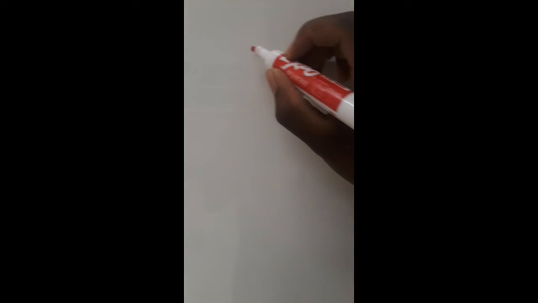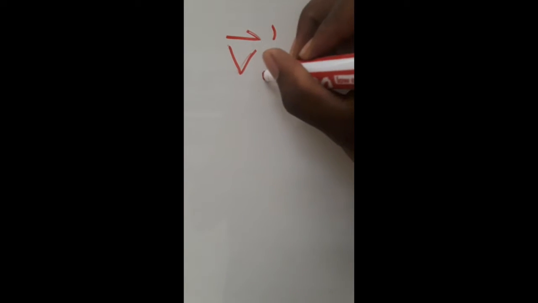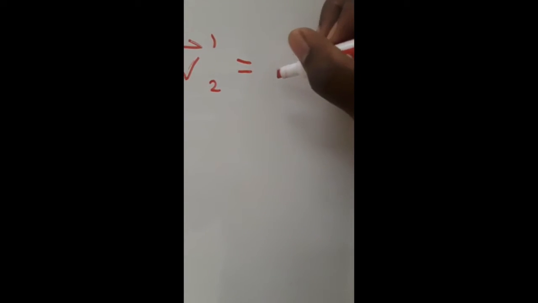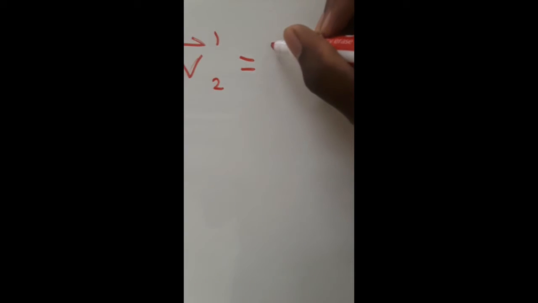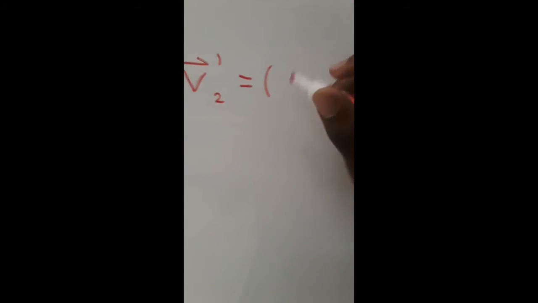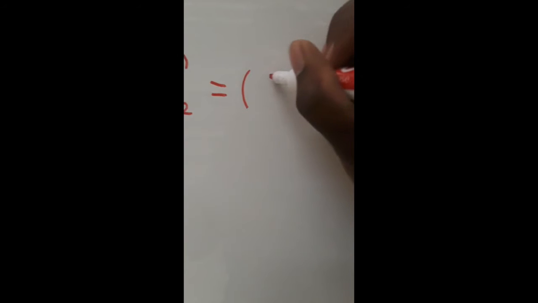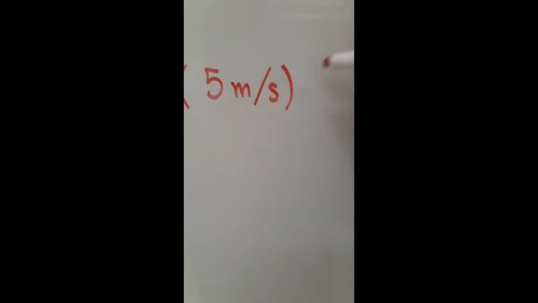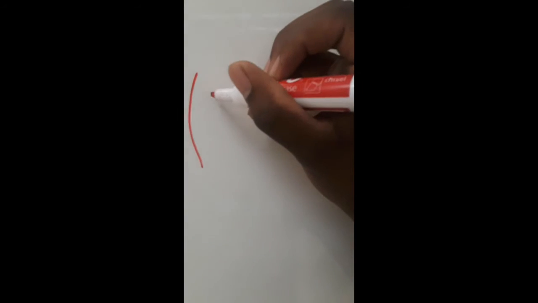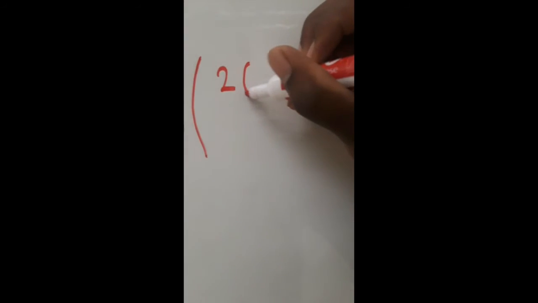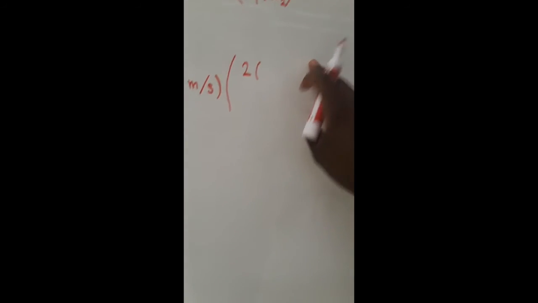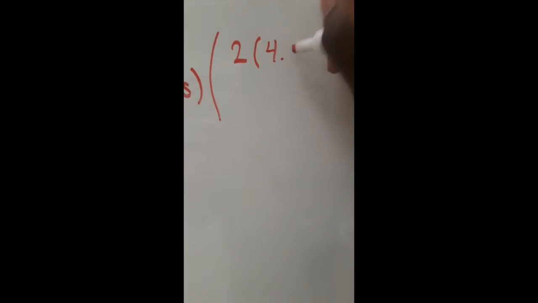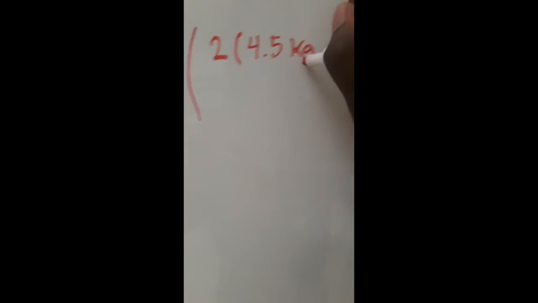At this point, what we want to do is plug in our numbers that we already have. Final velocity of the second skateboard is equal to the first velocity, 5 meters per second, multiplied by 2 times the mass of the first one, which is 4.5 kilograms.